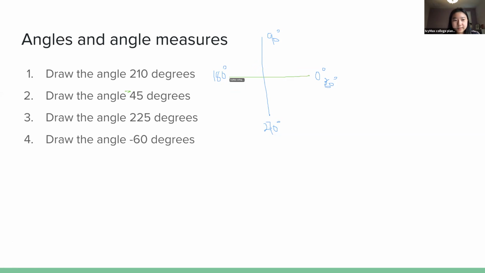For negative 45, if you go this way it's positive, but if you go the opposite way, it will be negative. So you start from 0 degrees right here, and then you go 45 degrees. We know right here is negative 90, and if you split that somewhere right here, it should be negative 45.